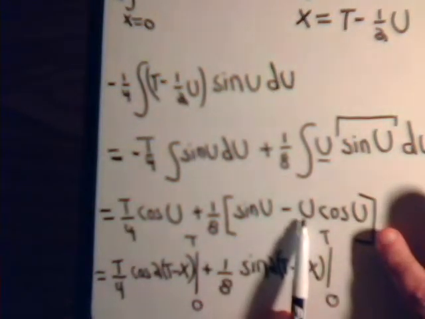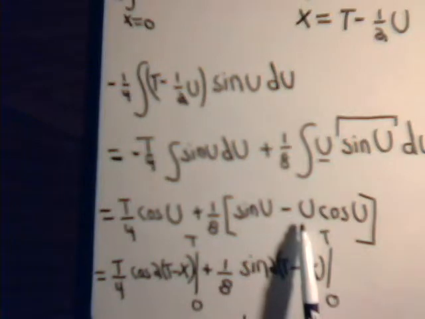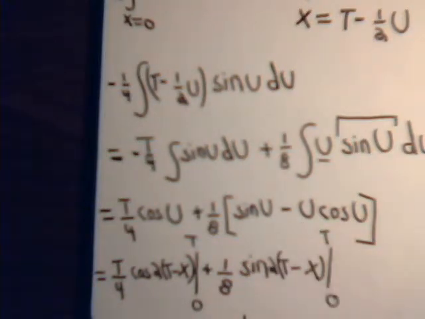And then we have this expression, minus 1/8, let's put it out here, times u. U is 2 times t minus x.